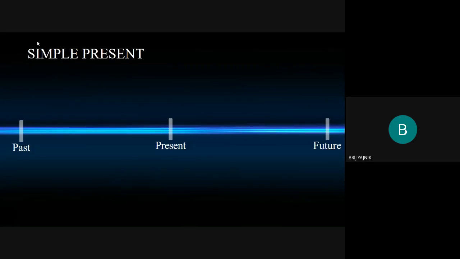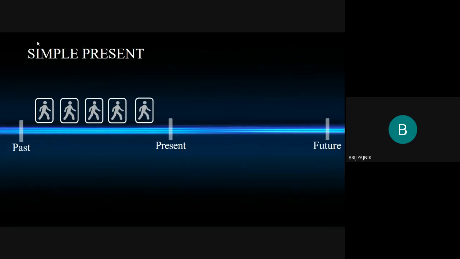One is a very simple and natural thing that we talk about, and that's our routine activities. So if I say this is one action that I started in the past, and then it happens again and again, every day, and it may even continue in the future, this is what I call an everyday action.